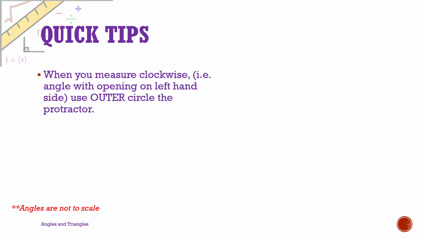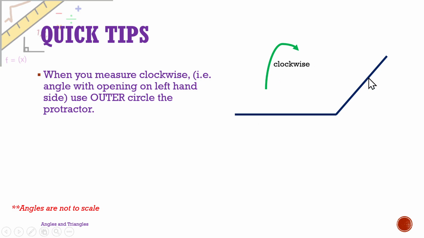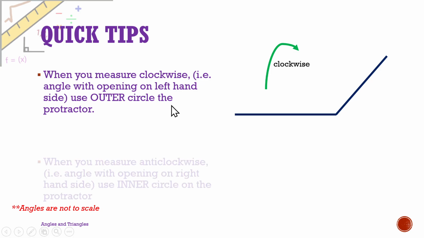There are some quick tips which are really going to help you to measure the angle. It is important to identify how you're measuring your angle. So when you measure clockwise, that is for an angle which has an opening on the left hand side, you use the outer circle of the protractor.